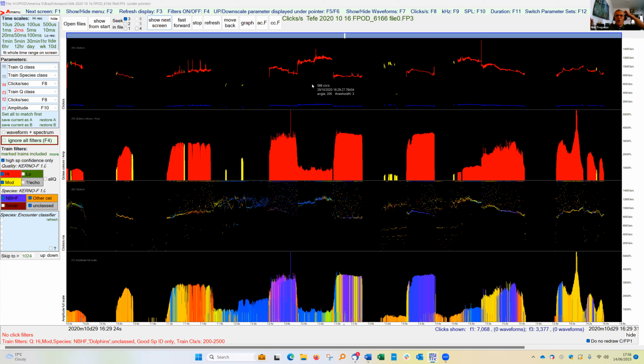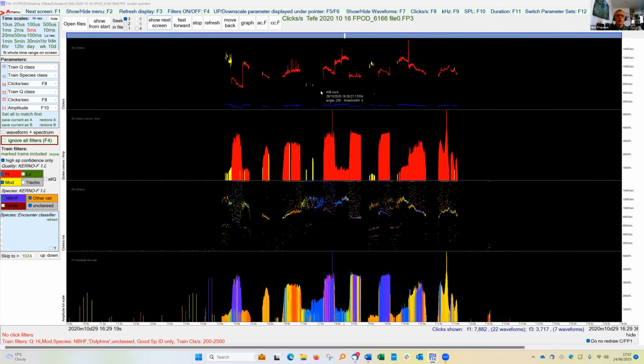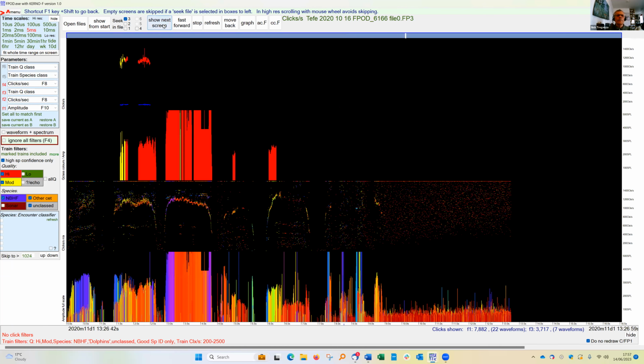We haven't yet done the obvious piece of work, which is have a pod next to a sound trap or similar broadband recorder and see if these two things are happening at the same time. If they are, then this will be what the animal is hearing, because its hearing is very good up here, and it won't be hearing stuff at below 10 kilohertz where its hearing is actually very poor. And there've been a couple of Boto audiograms that demonstrate that.